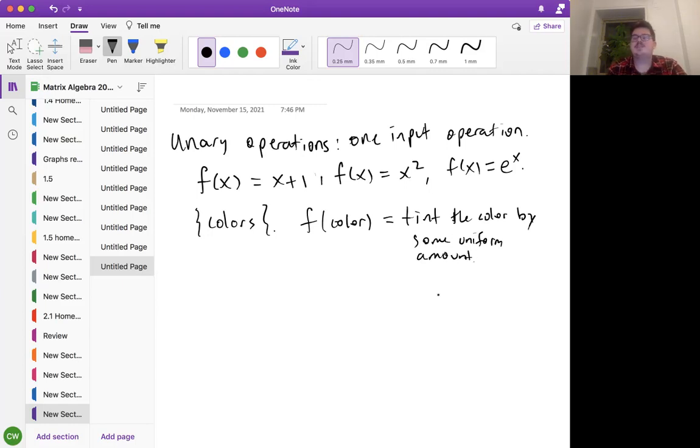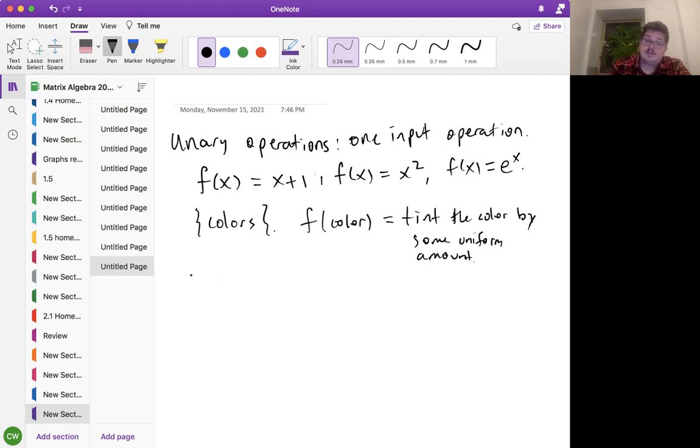Right, that's tinting. You add white to it, right? So you input a color and then you tint the color by some amount. It's a one input function. Does that make sense? Okay.